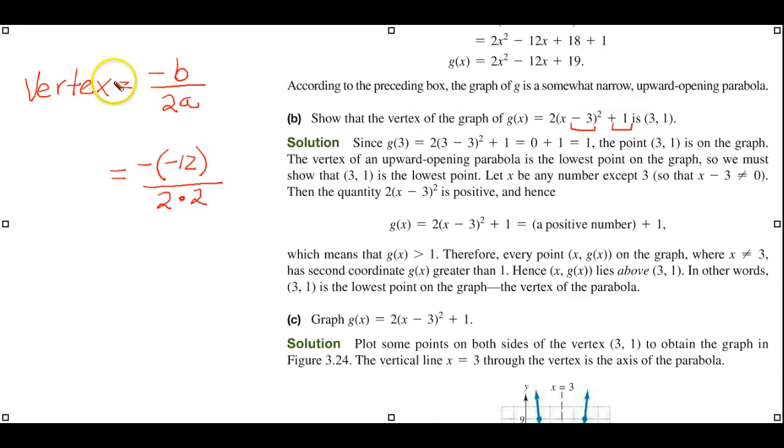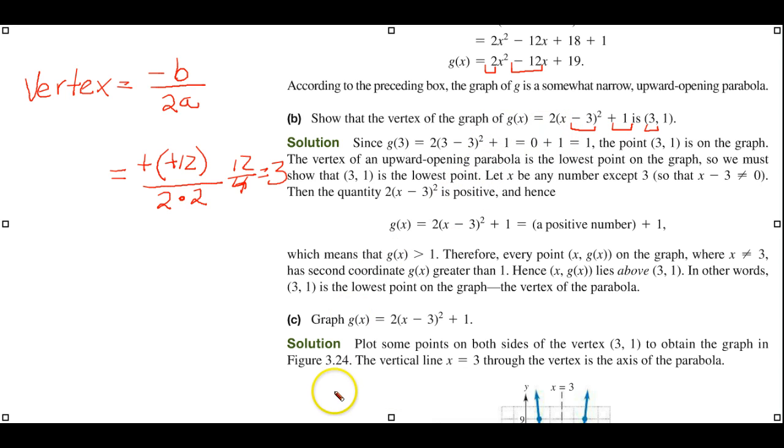Well, you may or may not recall that to find the vertex of a parabola, if we use negative b over 2a from our quadratic formula, our a will be 2, our b is negative 12. So substituting, we get this. This will then be 12 divided by 4, which is 3. So we verify this, and our 1 happens to be the actual vertex.